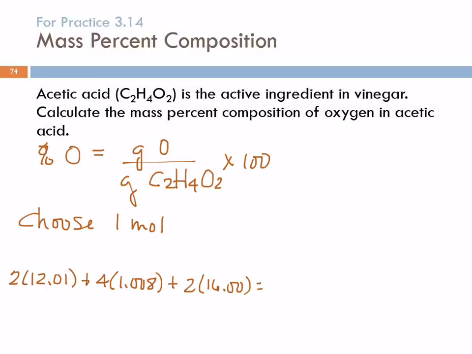I'm coming up with 60.052. So 1 mole of acetic acid weighs 60.052 grams, and that goes in the denominator.